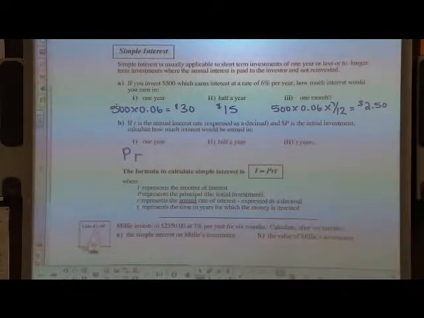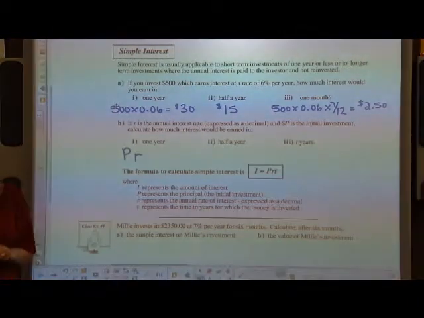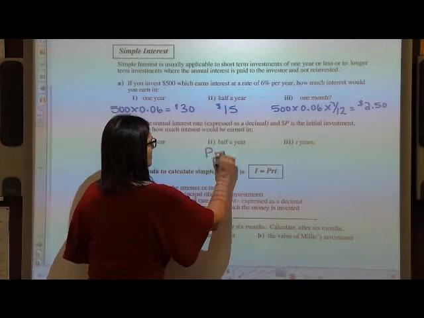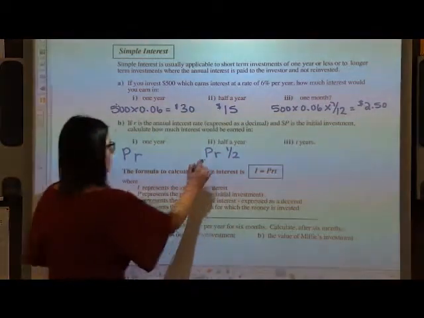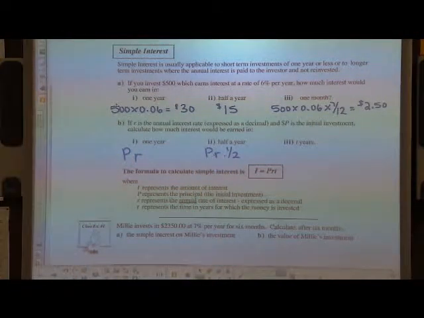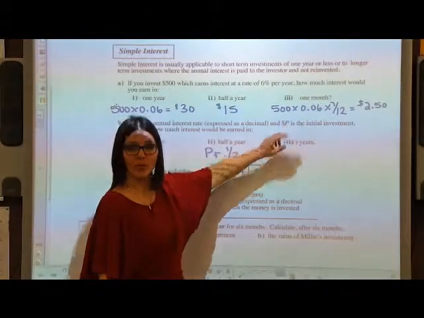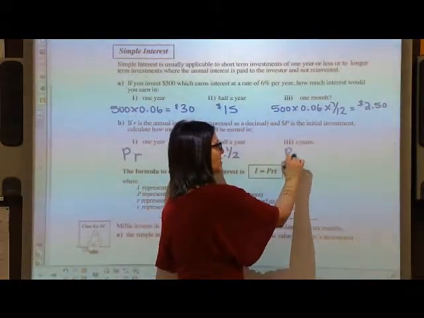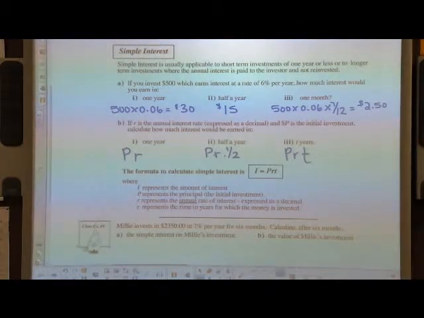So how much would I earn in half of a year? 1/2 times 30. Times T years. It could be 5 years, it could be 8 years, it could be 18 months. So with T years, it would be P times R times T. And that becomes our simple interest formula.